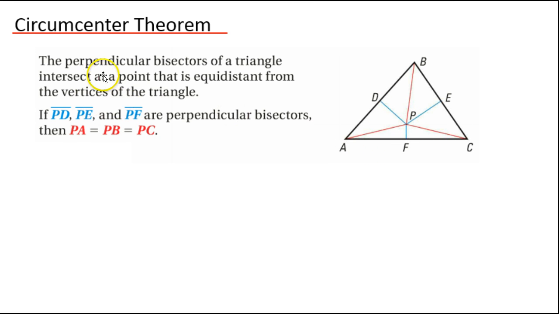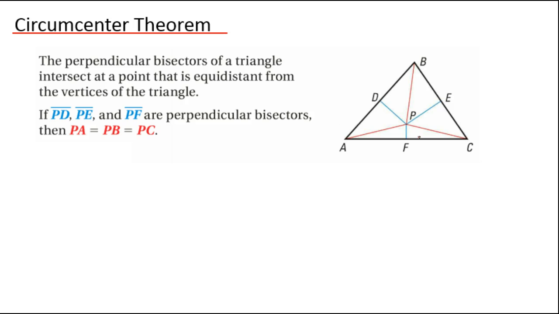All this states is the perpendicular bisectors of a triangle intersect at a point that is equidistant from the vertices of the triangle, meaning if we ever have PD, PE, and PF as perpendicular bisectors of a triangle, then by this theorem, as we just showed, PA has to be congruent to PB, which has to be congruent to PC. So that's all for this theorem.